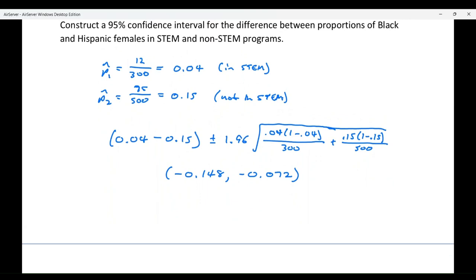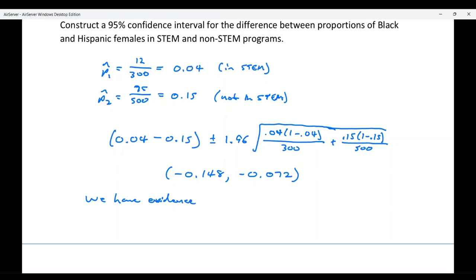We're 95% confident that that interval captures the actual difference in proportions of Black and Hispanic females in STEM versus not in STEM. And specifically, because they are negative, and we took in STEM minus not in STEM, not in STEM is bigger, right? So we have evidence. I haven't been using the word convincing here, but technically we have convincing evidence.